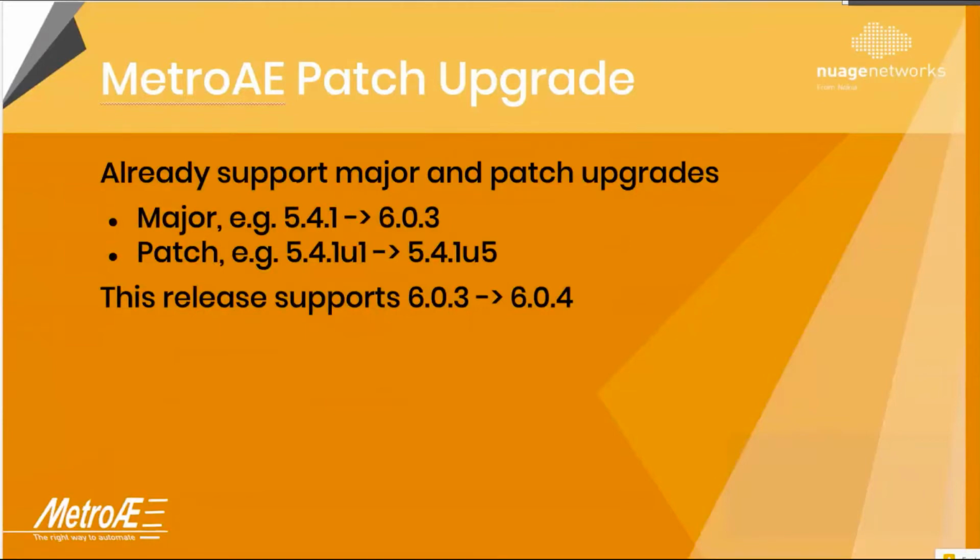In this particular release, we made sure that we had support for the patch 6.0.4. So now you can also upgrade from 6.0.3 to 6.0.4 as of this release. When we go out with MetroAE 4 at the end of March, our plan is to support 6.0.5, coincident with that release.